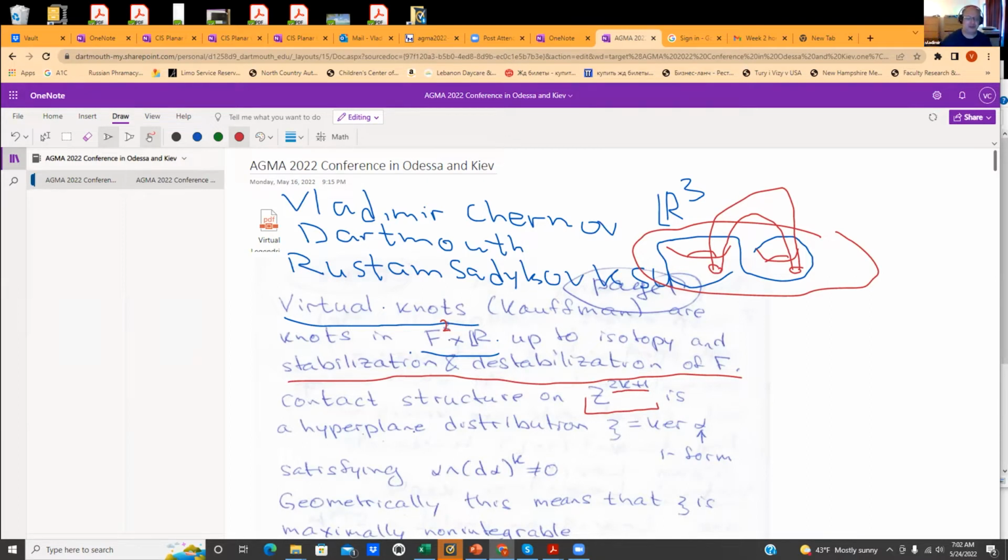Contact structures exist on odd-dimensional manifolds, so the dimension of the manifold has to be odd. By definition, it is a hyperplane distribution. Every hyperplane distribution is locally given as the kernel of some one-form alpha, and the requirement is that the wedge product of alpha with (d alpha)^k is non-zero, so it is a volume form.